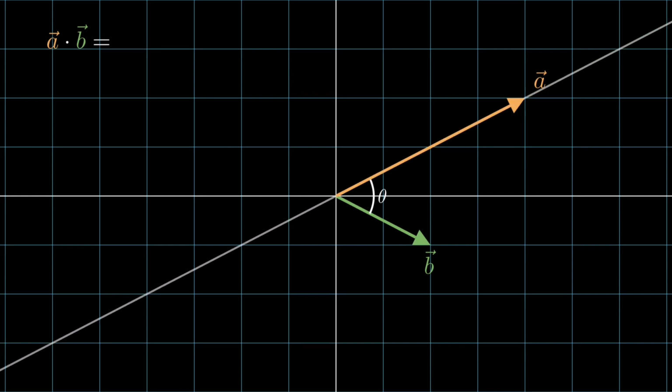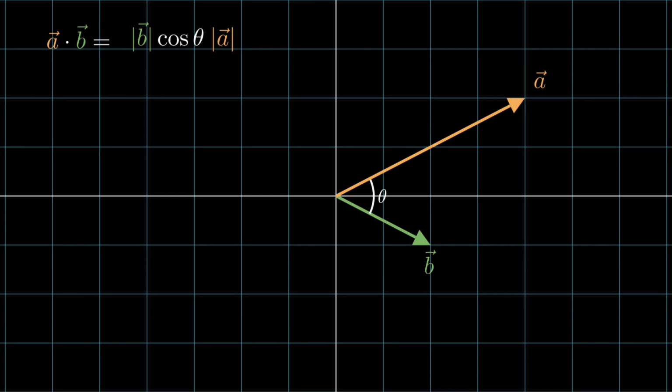To visualize that, we drop a perpendicular from the tip of B onto A, and that allows us to obtain B's projection or shadow along A, depicting how much of B points along A. We can see that this length is B cos theta, and A dot B is the product of this multiplied by the actual length of the vector A. So A dot B equals A times B cos theta.